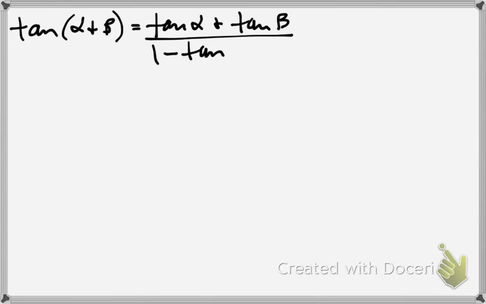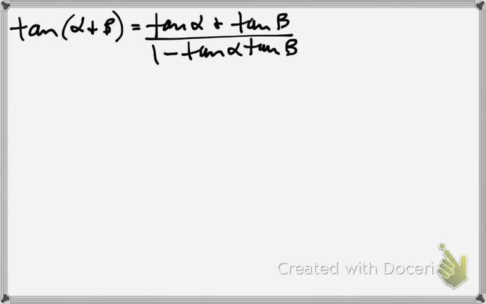So for problem number 42, we're going to need to use the identity for the tangent of the sum of angles. And it's going to be a variation of it. In other words, we're going to rewrite it so that we'll solve for the numerator of that fraction.